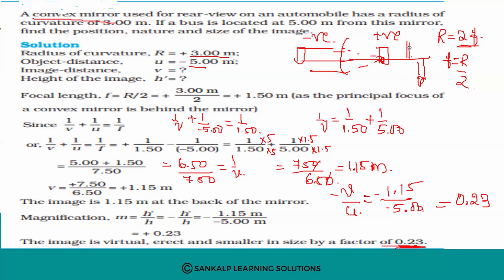But here it is erect, upright. So virtual, behind the mirror you are getting, that is virtual and erect, smaller in size by the factor of 0.23. So this is smaller in size. This question can be asked for 4 marks or 3 marks.